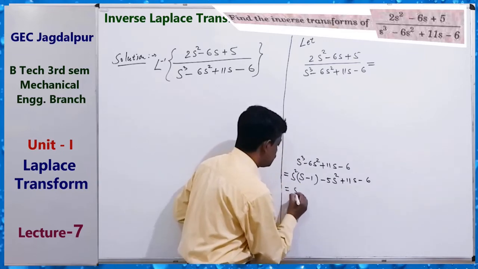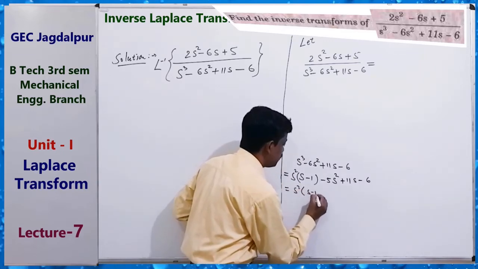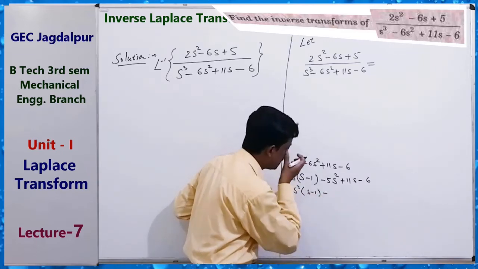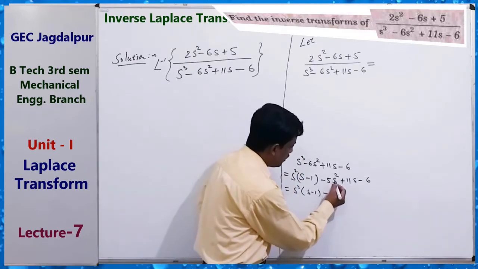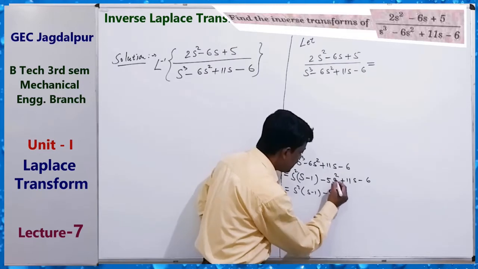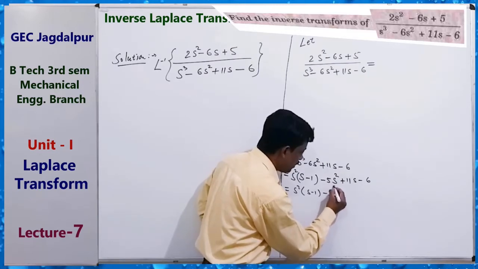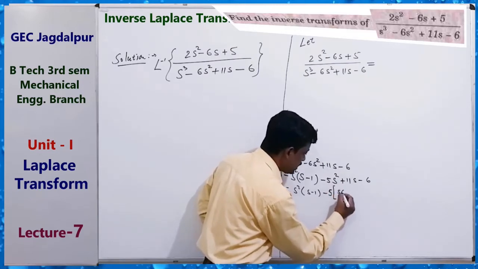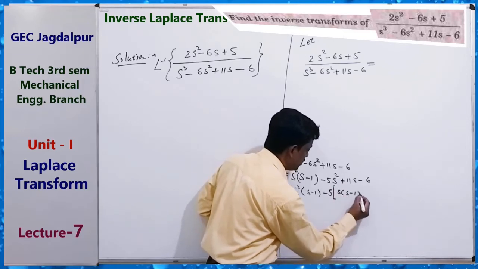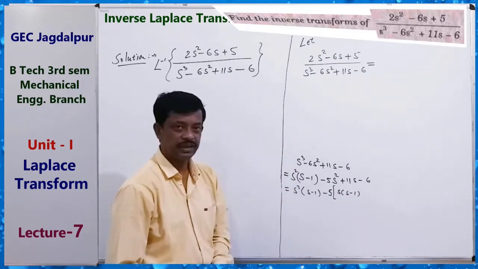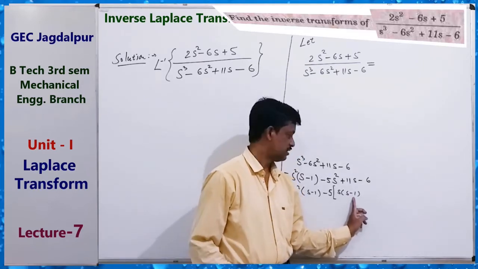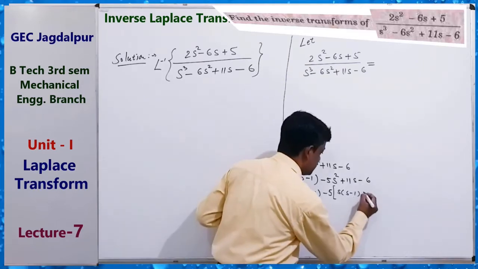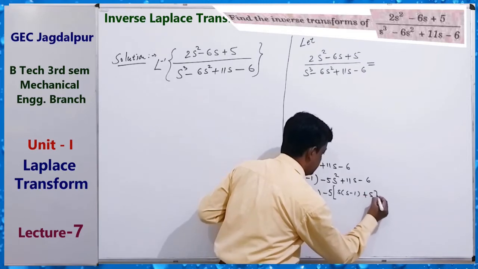So this is equals to s square into s minus 1, minus, here also we have to convert s square as s minus 1. That means what we do? s square minus s, that is we have to plus s also here.